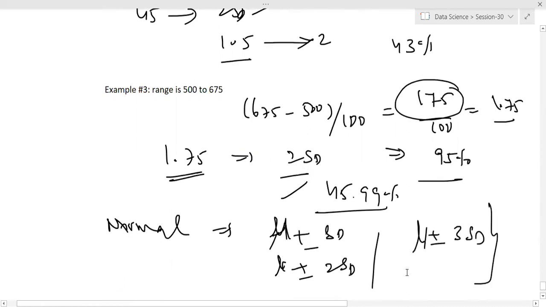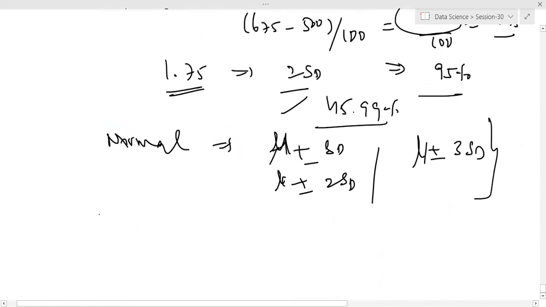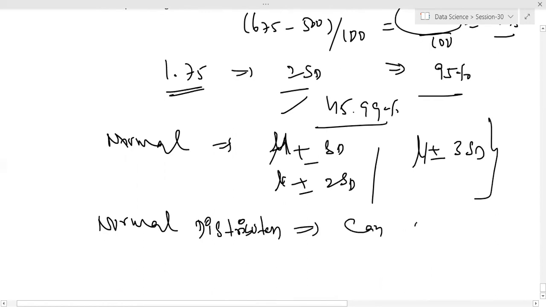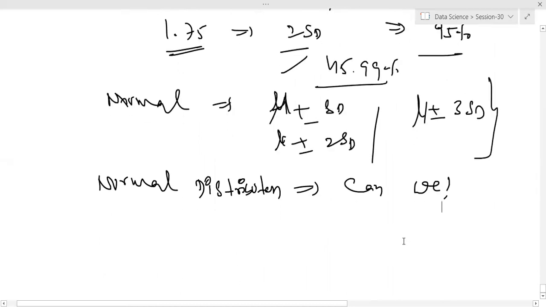Now you tell me, friends, can we always expect a normal distribution every time? Can we, friends? No, may not. Because the important aspect of the normal distribution is that mean, median, and mode should coincide.